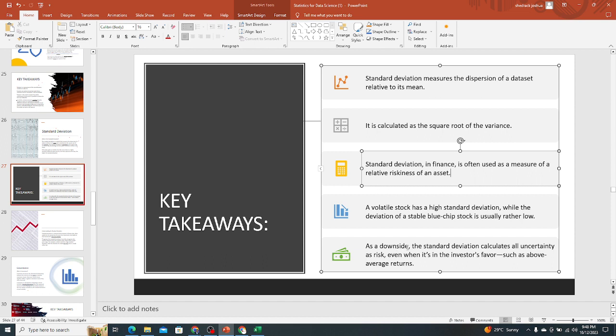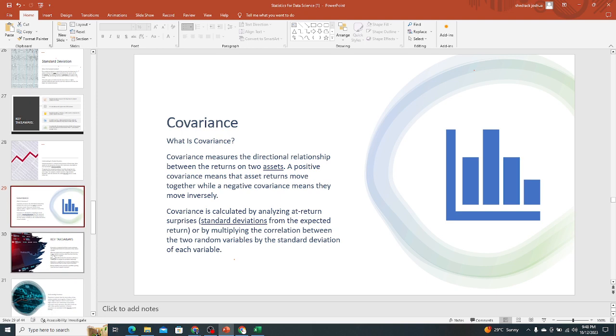As a downside, the standard deviation calculates all uncertainty or risks. So when you are calculating investment return and see the standard deviation is very small, it means that investment can be consistent in its returns.